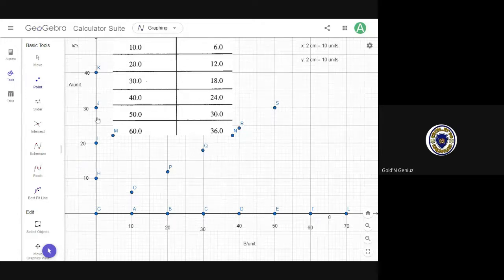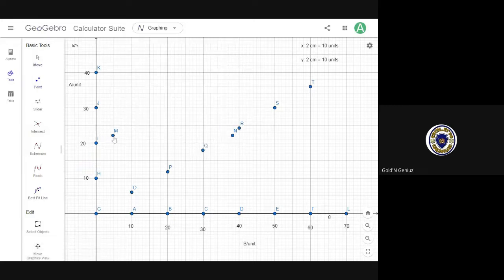So I use the 30 line because it's easy to identify. And I go up 6 places, and that would be right there. So let me just get rid of this one. Get rid of that. All right. So this is my plot.